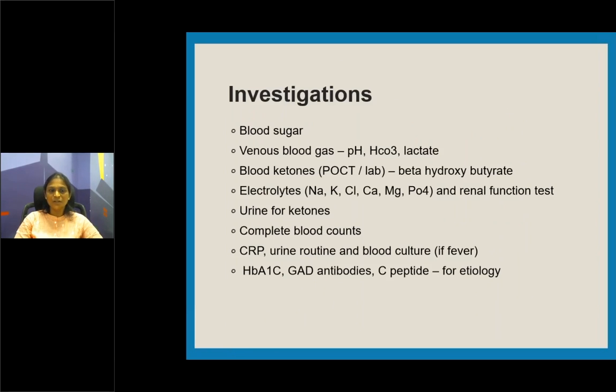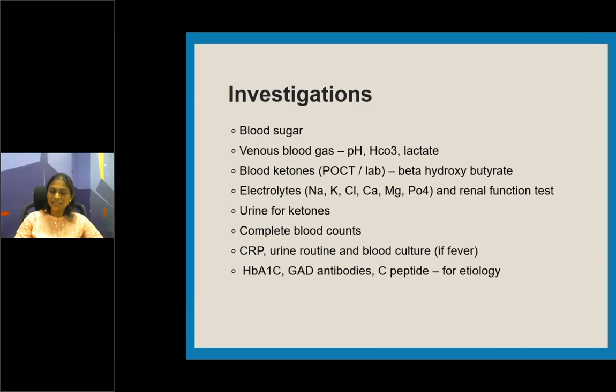Investigations: we all do a blood sugar. We send a venous blood gas for pH, bicarbonate, and lactate if it is done along with that, and blood ketones. This can be sent to the lab for beta hydroxybutyrate, or we have a point of care testing instrument similar to a glucometer. Even the same glucometer can be used to test ketones using keto sticks, just that the machine has to be calibrated.